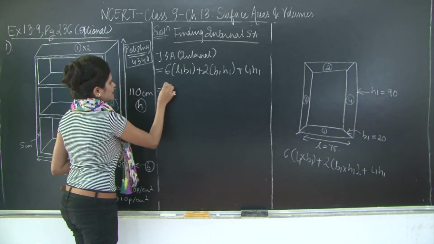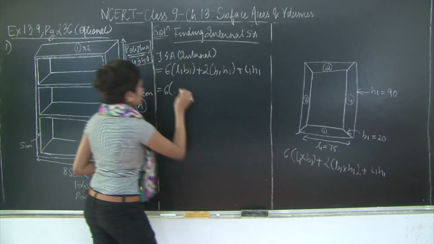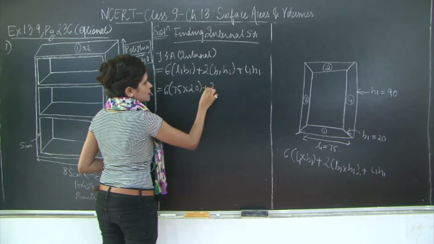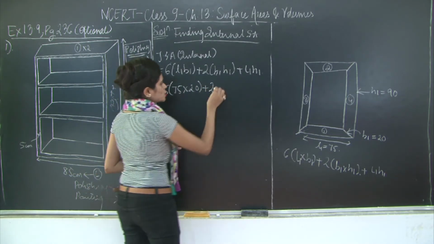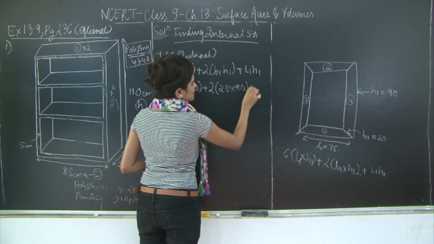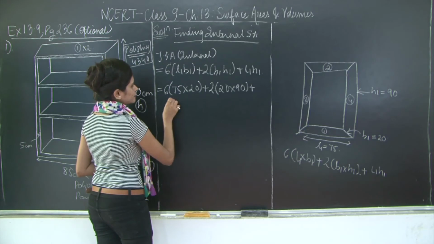So this is going to be 6 times L1 is 75 into breadth 1, which is 20, plus twice breadth 1 into height 1, so this is going to be 20 into 90, plus L1 H1, which is 75 into 90.